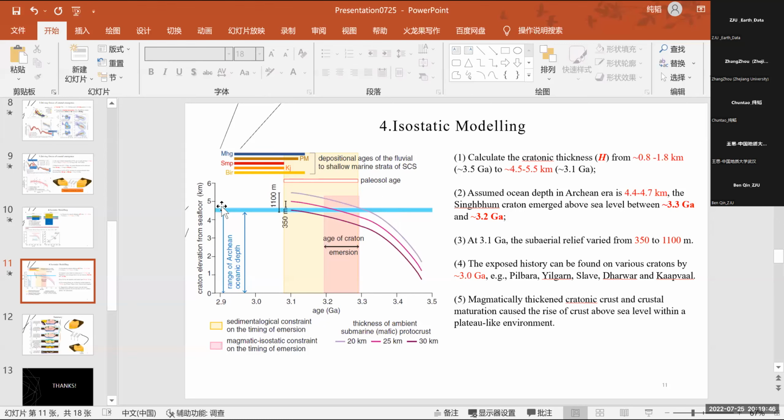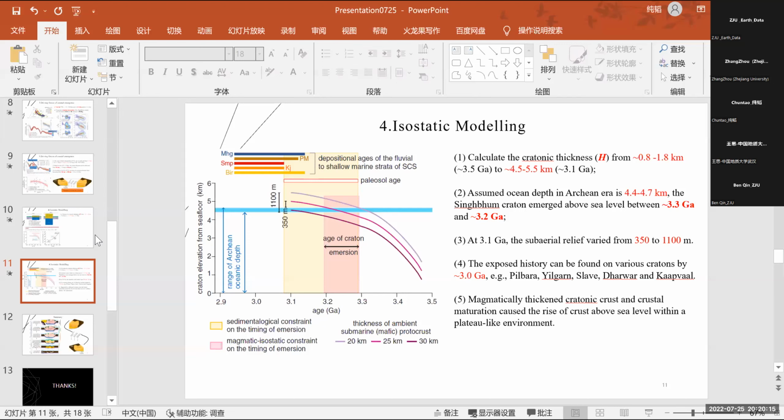Okay, I see. So basically you're doing something like an upper limit. But my interpretation is that your ocean depth also affects the isostatic modeling, because the thicker your ocean is, the heavier your oceanic crust becomes, because that is equivalent to your oceanic crust being thicker, right?